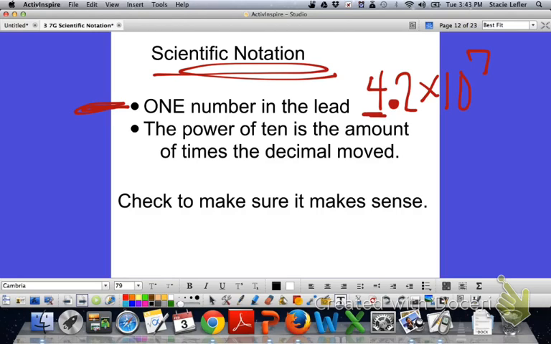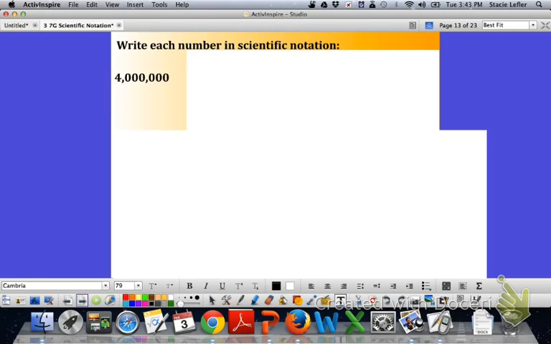And to come up with the power of 10 that we're using, you count how many times the decimal moved to get behind the 4. So I will show you how that works on this number, 4 million. So I want there to be only one number in the lead, so I'm going to take the decimal that's at the back and move it all the way over so it's behind the 4.